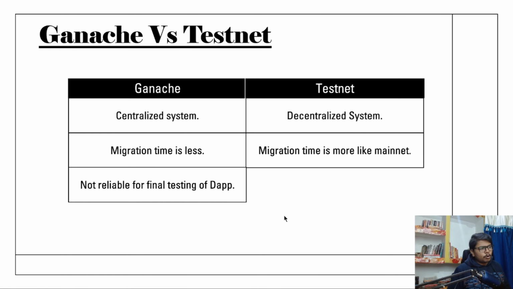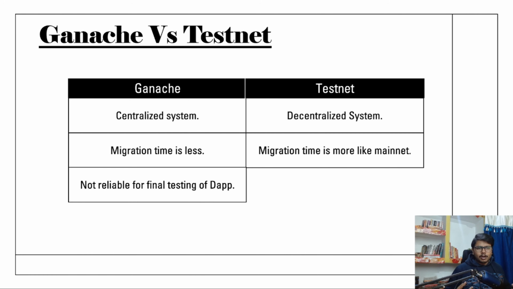Third important thing to know about Ganache is that it is not reliable for the final testing of your decentralized application. So if you want to quickly test whether your smart contract is working fine or not, in that case, Ganache is a good option. But if you're thinking that after checking my smart contract on Ganache, I'm going to deploy it directly on the main network, then this is not a good thing to do, because your Ganache is very centralized, right?